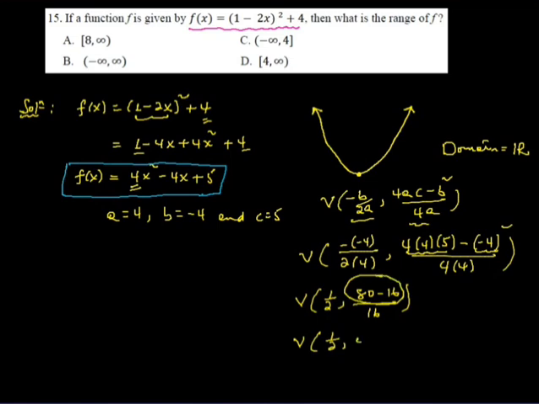64 over 16 is 4. እንግዲህ ምንድነው ማለት ነው, at this point the value of x is 1 over 2, the value of y is 4.